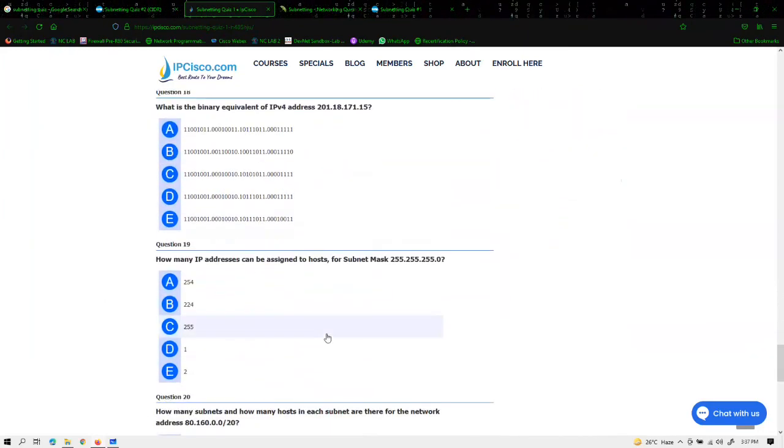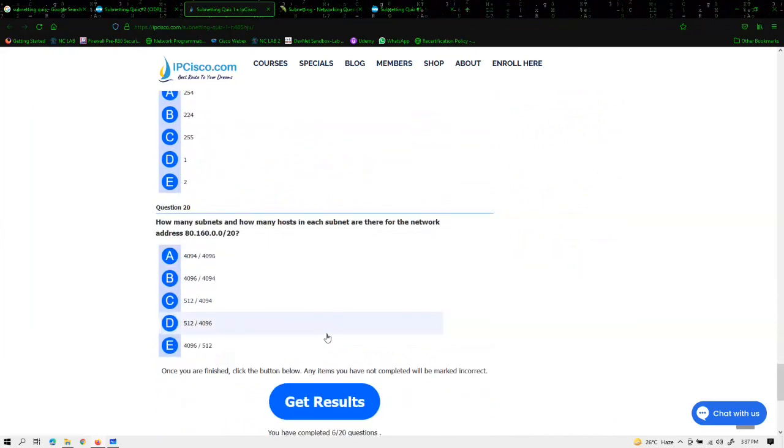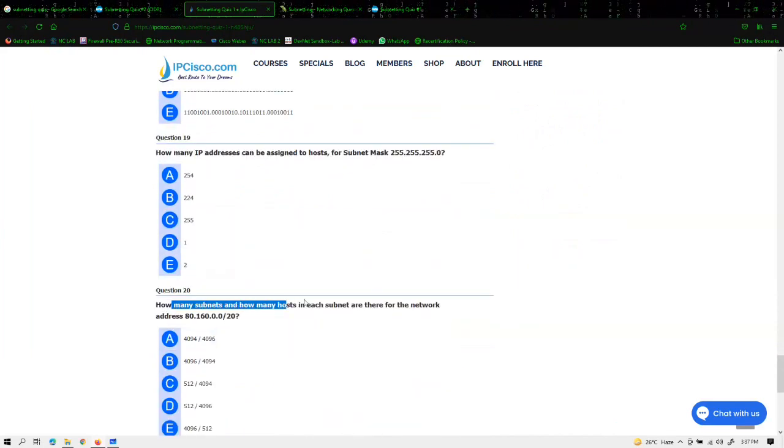Many websites will write their own language, right? Here it is asking how many subnets and how many hosts in each subnet are there for this network. So what will be the number of subnets for this network? How many hosts in each subnet are there?